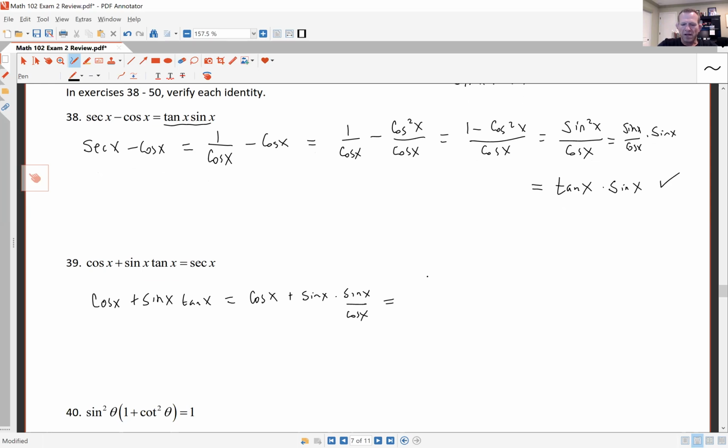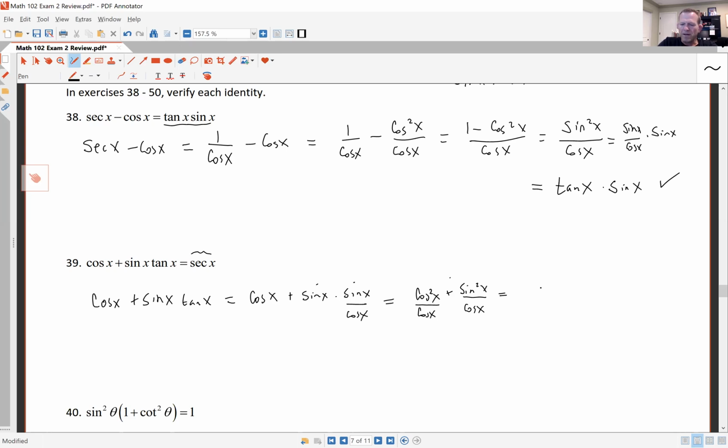All right, so the most obvious thing to do would be to write sine squared there, divided by cosine x. And so then as before, when you see the plus sign and we see it needs to be a single term on the right, let's get a common denominator. So we'll multiply cosine x top and bottom by cosine, and we have cosine squared over cosine x then.